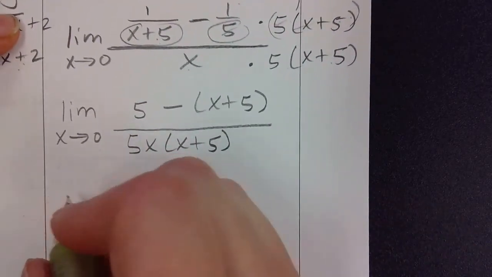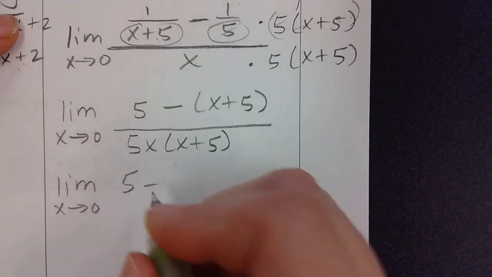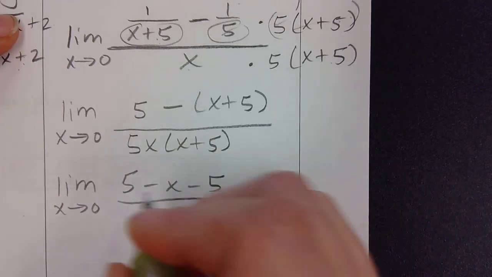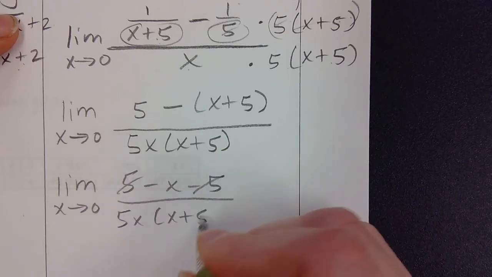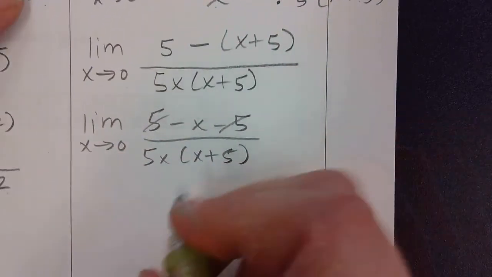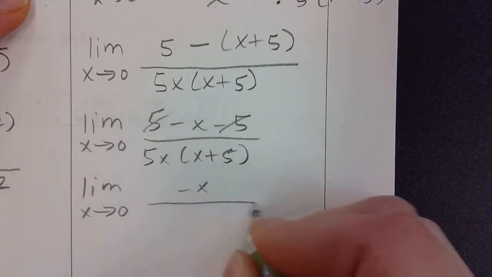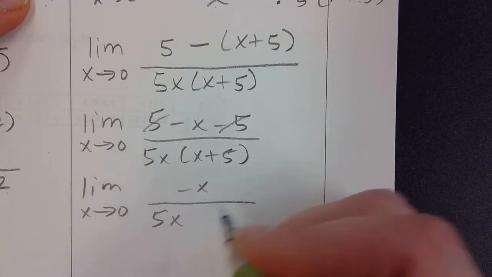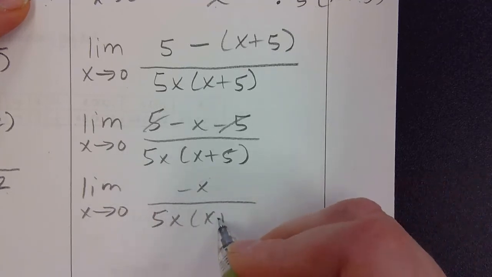All right, now I'm going to distribute that negative. So I have 5 minus x minus 5. So now the 5's are gone. And now I've got a negative x. My whole goal here was to be able to get rid of this factor of x, and that's what I'm going to be able to do now.